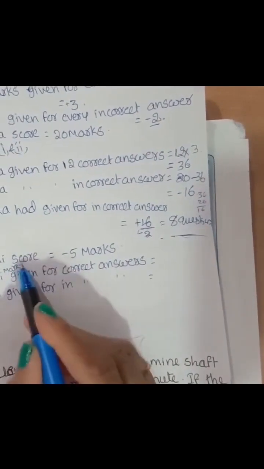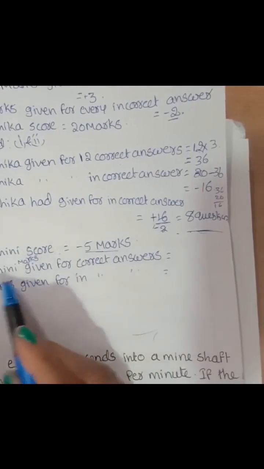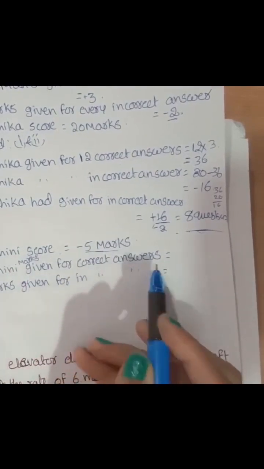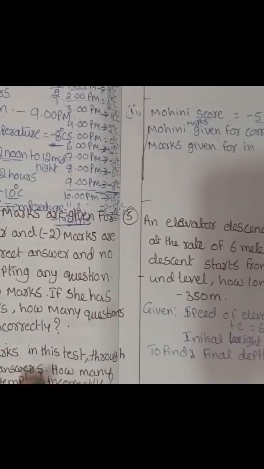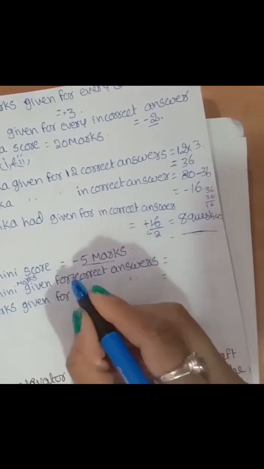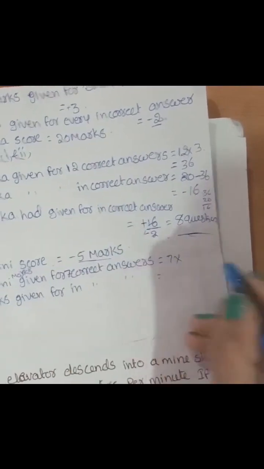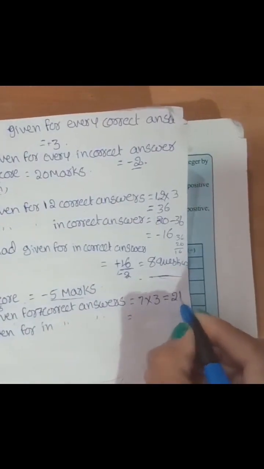Next, the second one is Moini's score. Moini's score is already given, so that's 5 marks only. Moini's marks are given for correct answers only. So that's 7 correct answers. For 7 correct answers, 7 into each correct answer is 3 marks only, so that's 21 only.